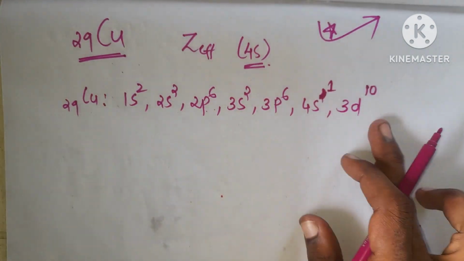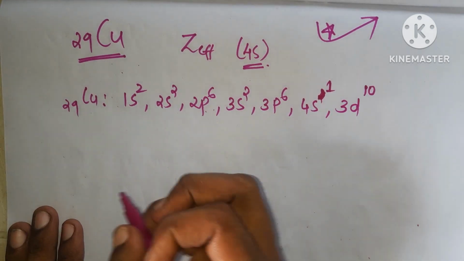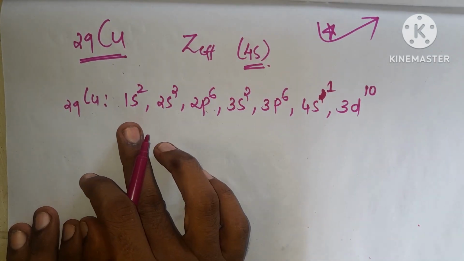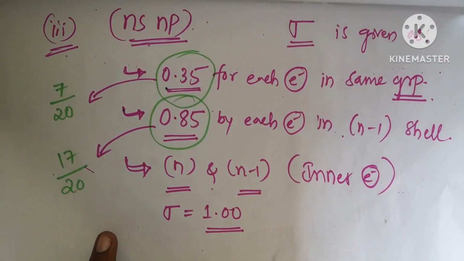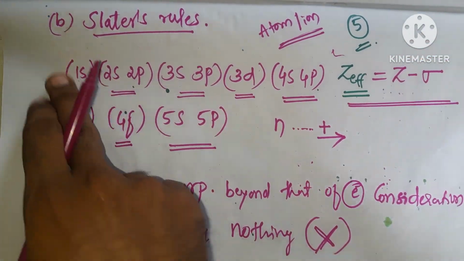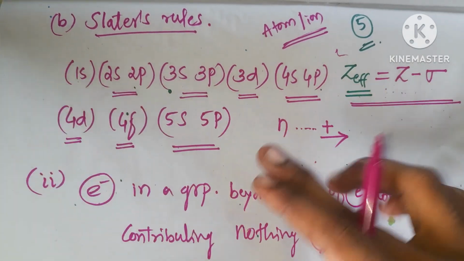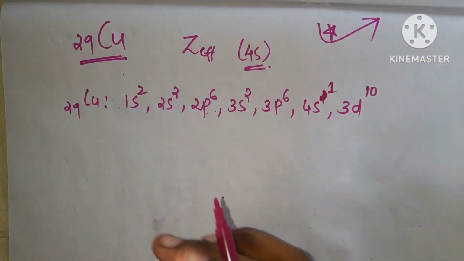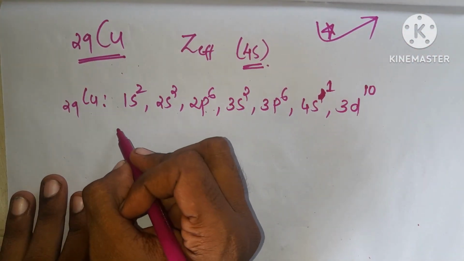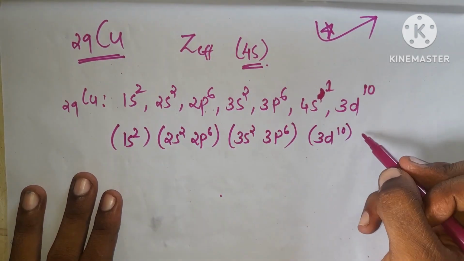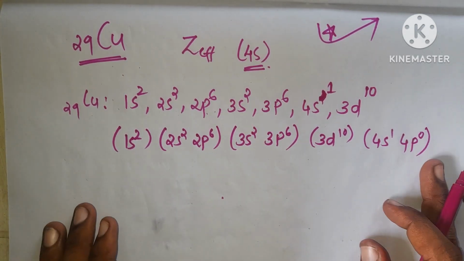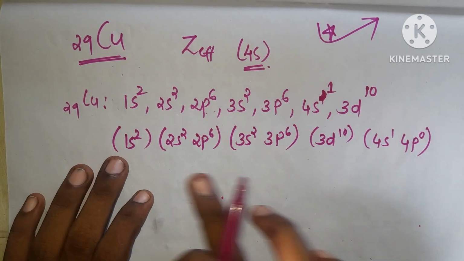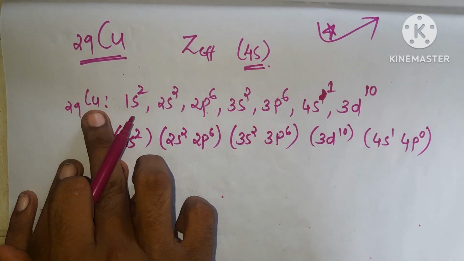This is the electronic configuration, and we will rearrange it according to Slater's rule. That is the first Slater's rule, where we regroup into 1s, 2s, 2p, and so on. These are the rearranged groups for atomic number 29, copper.